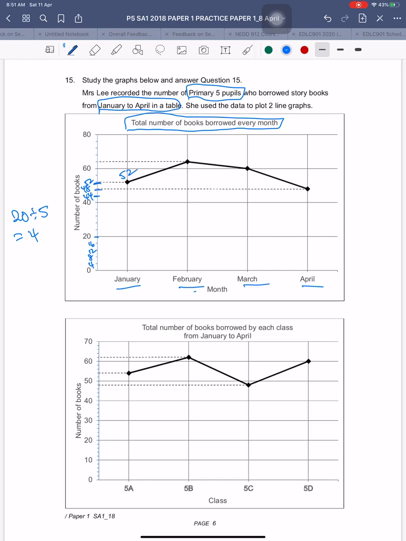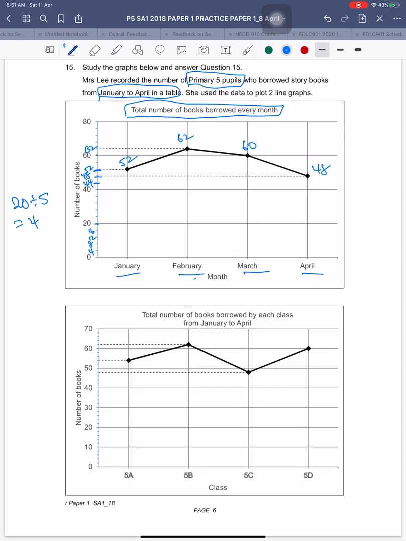February, 60, 1 marking, so 62. And then March, this will be 60, quite straightforward, and April this will be 48. Okay, so the first graph tells you the total number of books borrowed by the P5 pupils for each month: January, February, March, and April.